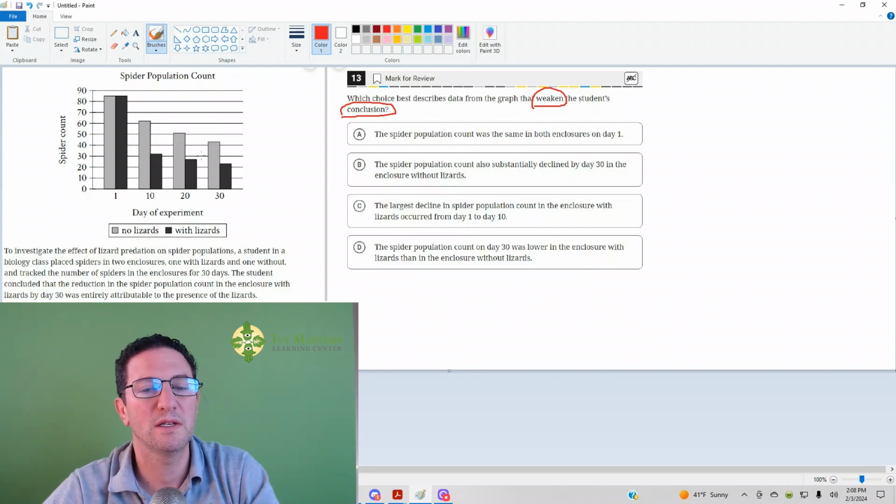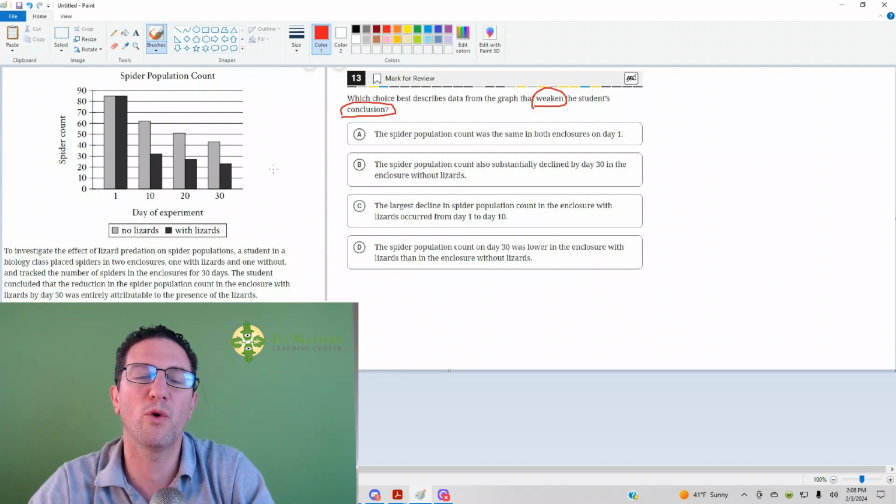With lizards is the black one, absolutely. And D, the spider population count on day 30 was lower in the enclosure with the lizards than in the enclosure without the lizards. That's true. All four of them are true based on the table.